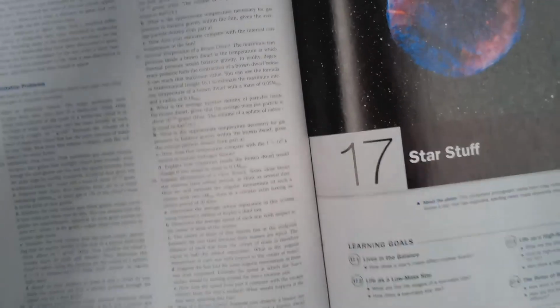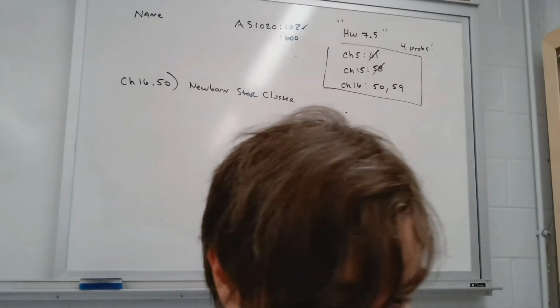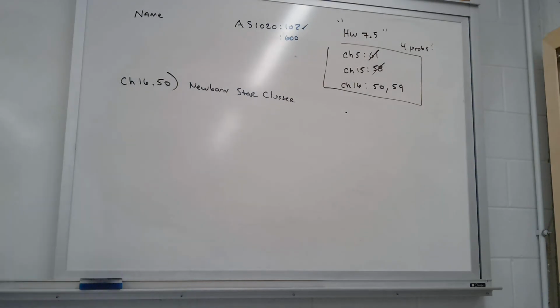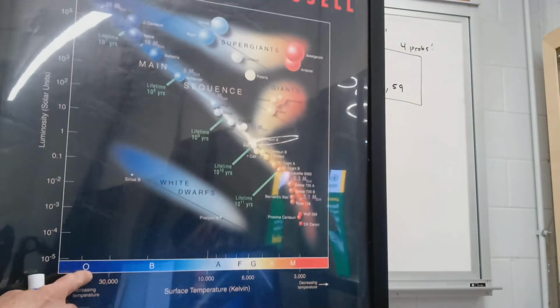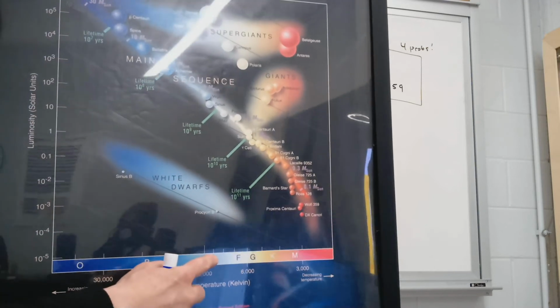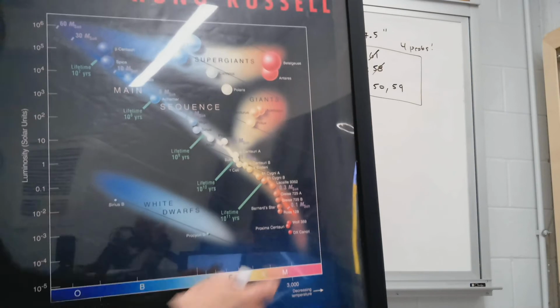Okay, let's make a little picture here of what's going on. Here on the HR diagram, we can see our different spectral types, right? O stars are blue, A stars are white, G stars are yellow, and M stars are red.